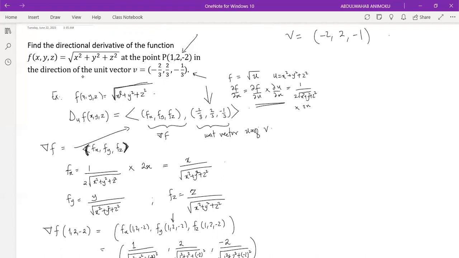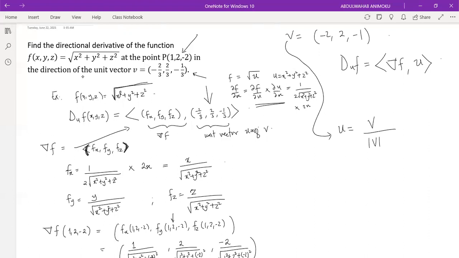The overall formula for the directional derivative is the inner product of the gradient vector and the unit vector in the direction of v. So we need to convert this v to a unit vector. To do that, all you need to do is divide v by the length of v.